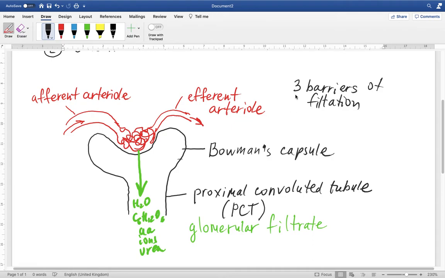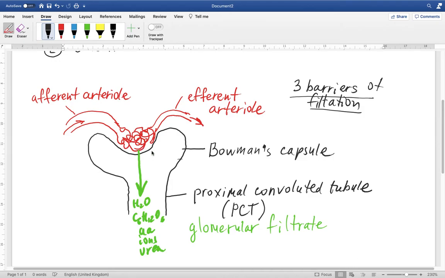So before you go any further, can you tell me what 2 out of these 3 barriers of filtration are? And I'm not asking for any kind of technical answer. All I'm asking is, let's have a look at this diagram really carefully and think together. If I have something inside that blood vessel, what is in the way which is stopping everything getting inside the Bowman's capsule?